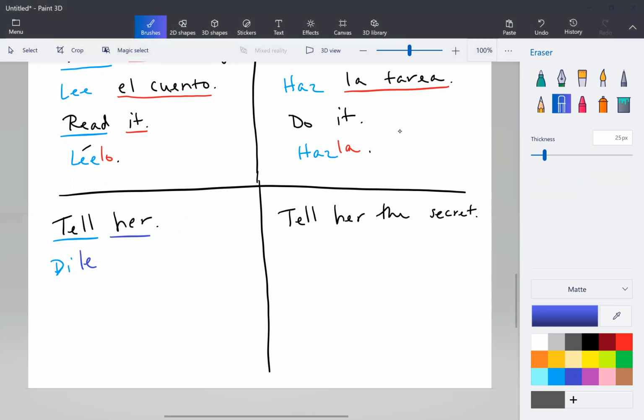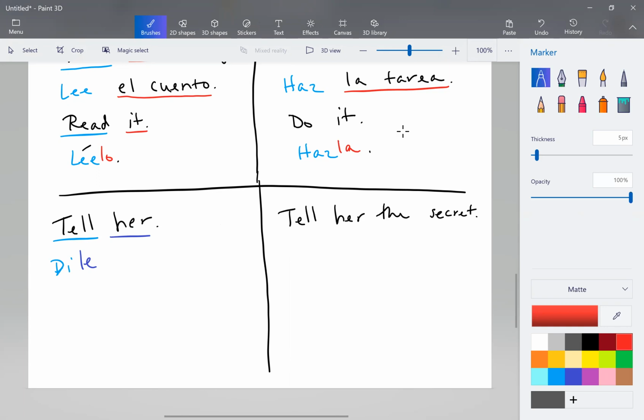And then one more where it's a little different, because we're adding on this. The secret. So we still have tell her el secreto.